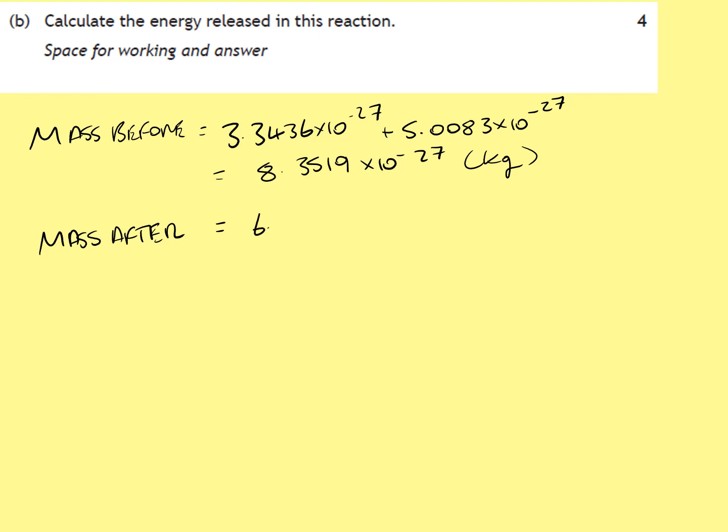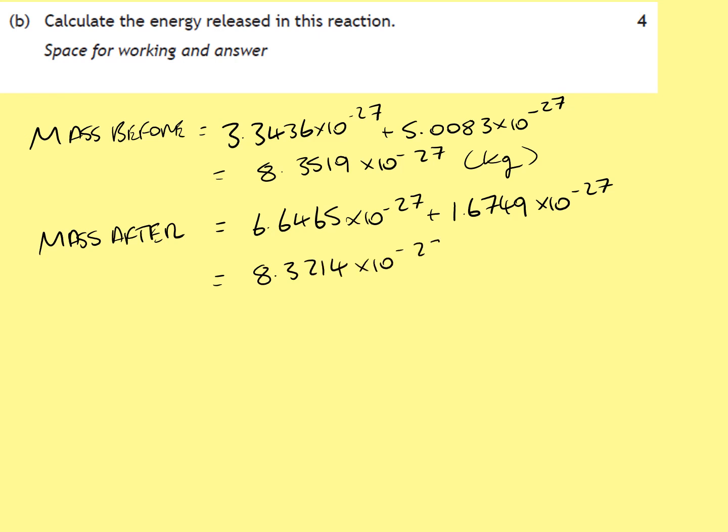So that's 6.6465 times 10 to the negative 27 plus 1.6749 times 10 to the negative 27, which is equal to 8.3214 times 10 to the negative 27, again, kilograms. Notice we don't do any rounding at this point whatsoever because rounding is going to affect our answer.